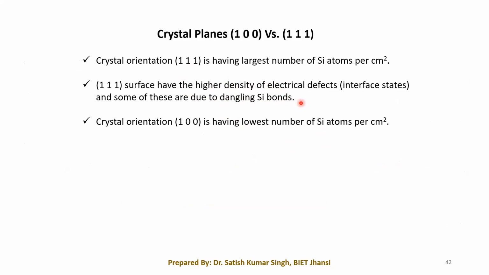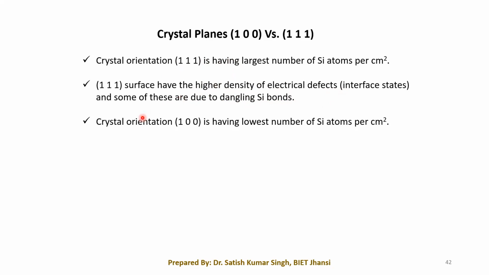They are not complete, and therefore these surfaces have a higher density of electrical defects due to the dangling silicon bonds. So these are the two properties of your 111 surface.